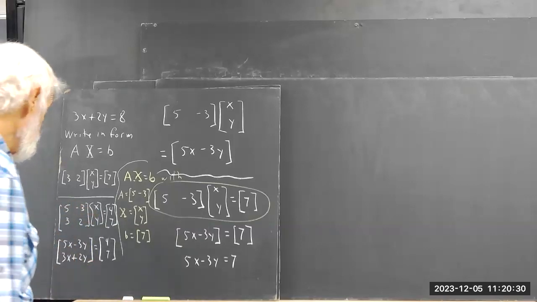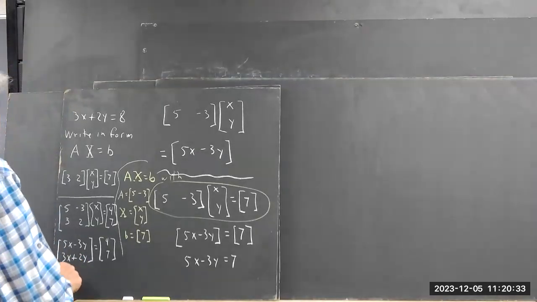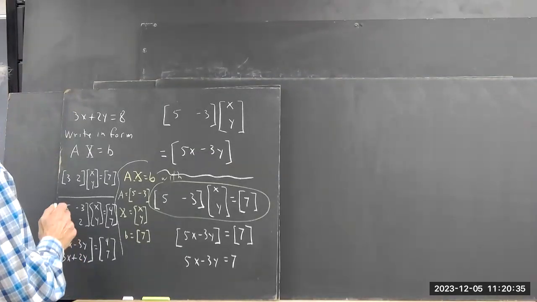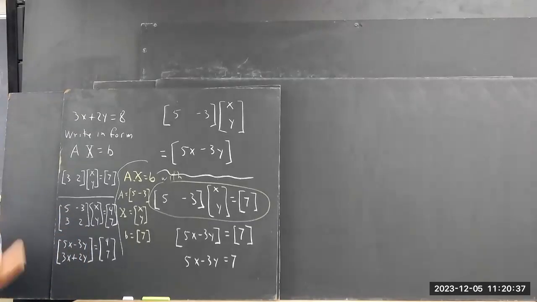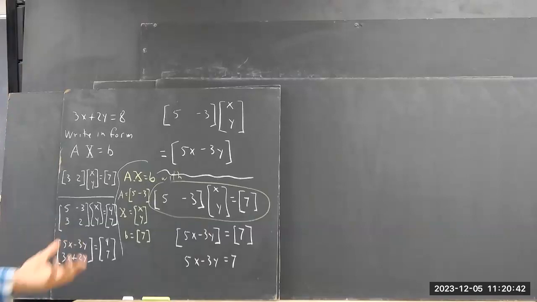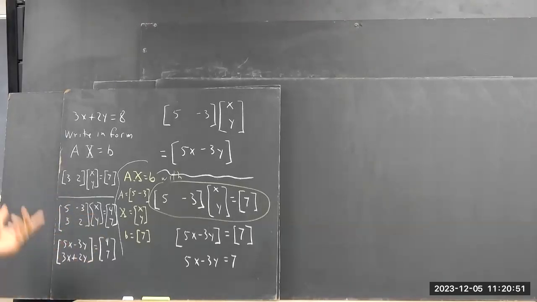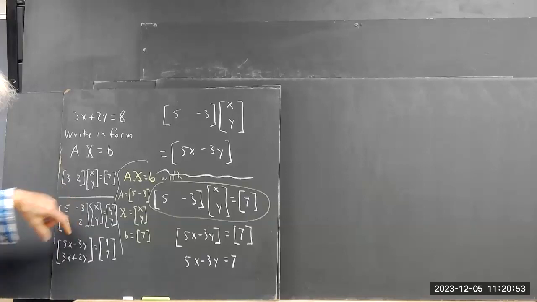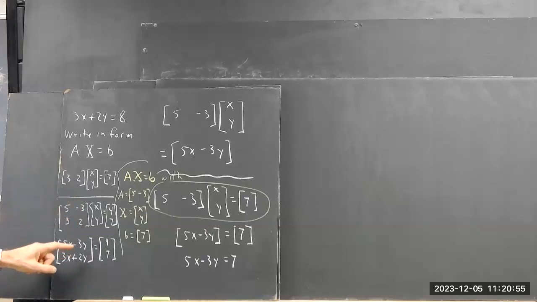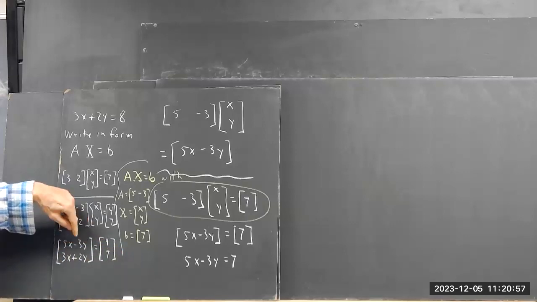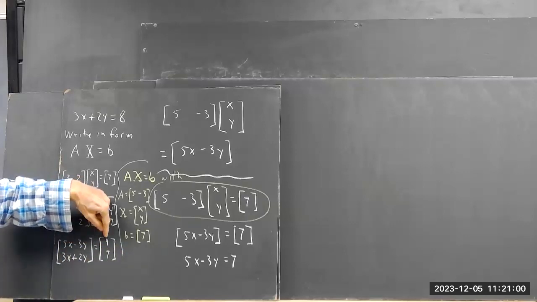Then, having done this, we use the property of matrices that I'm sure Open Math told you about. And I didn't emphasize it before because until you see why it's true, or until you see how you use it, there's really not much point in seeing it. So anyhow, okay. If these matrices are equal, then the first row, first column of this matrix has to equal the first row, first column of this matrix. Would you agree?